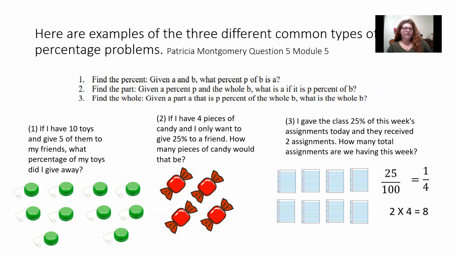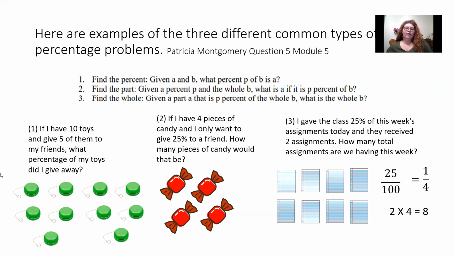If I have 10 toys and I give 5 of them to my friends, what percentage of toys did I give away? So you're just going to do 5 divided by 10, which is 1/2. I took away half my toys. And so we're going to do 100 divided by 2, which is 50.